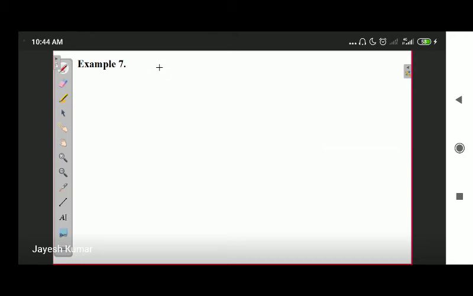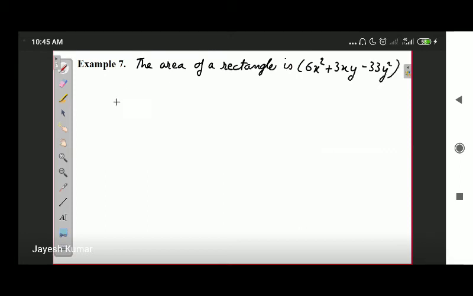The area of a rectangle is 6x square plus 3xy minus 33y square, square units.